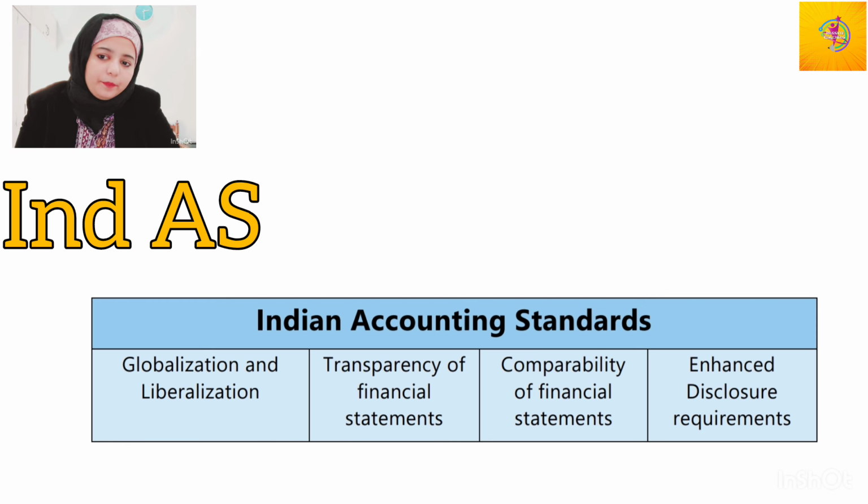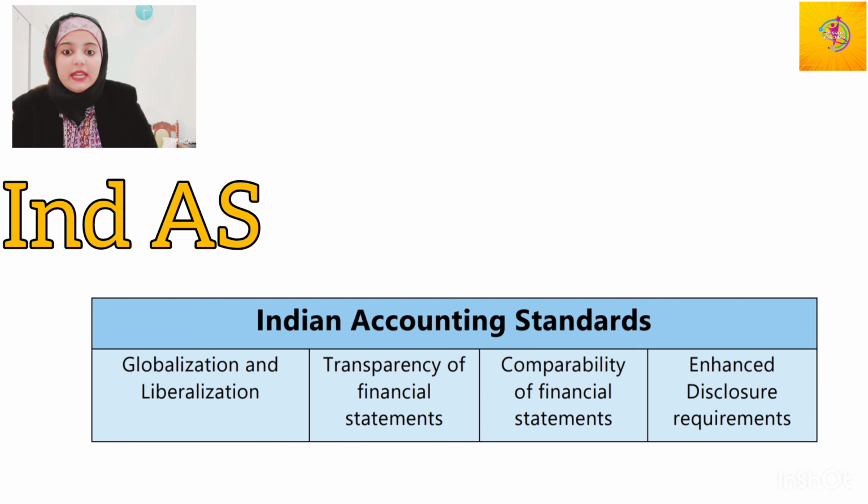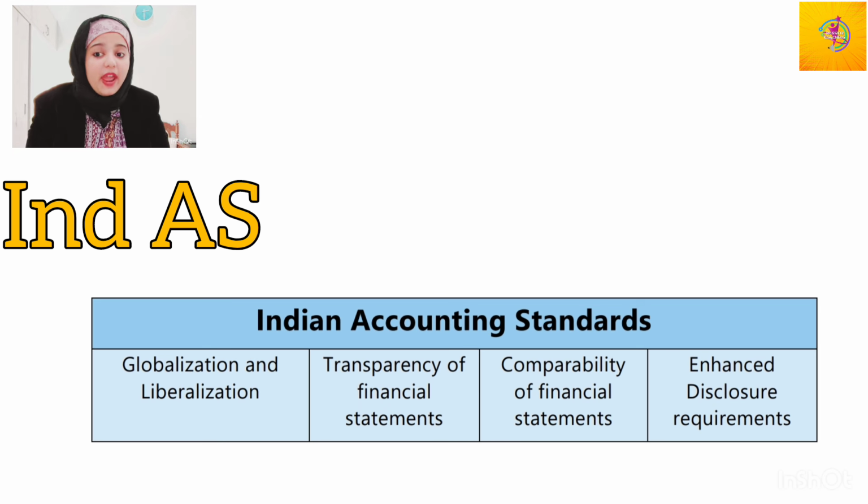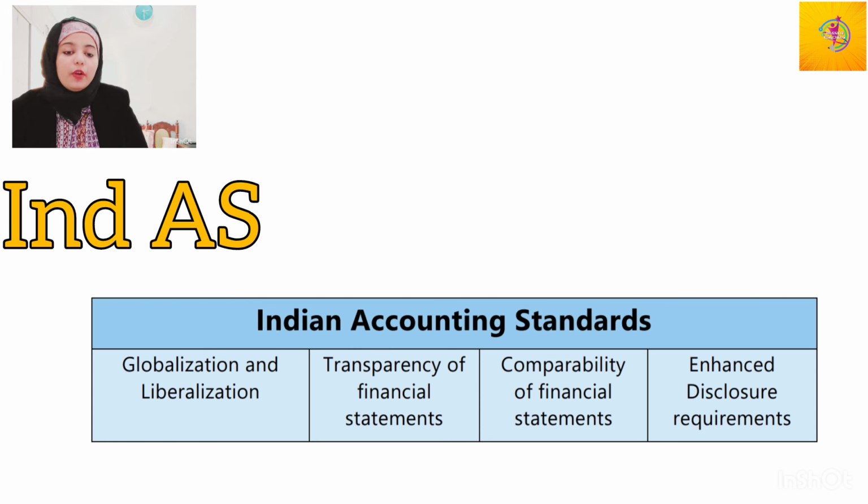For example, the adoption of IND AS 115, revenue from contract with customers, brings Indian standards closer to international practices, ensuring consistency for multinational companies operating in India. The ICAI is responsible for issuing and updating these standards to ensure that they remain relevant.